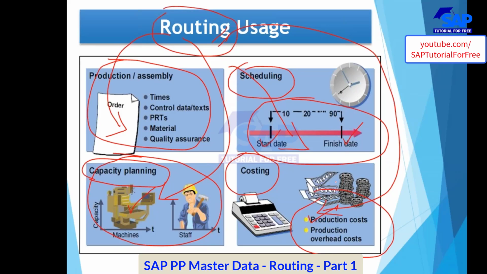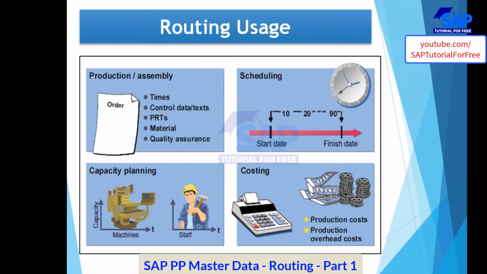So basically the routing data will be used in production execution, the scheduling function, capacity planning function, and costing function.